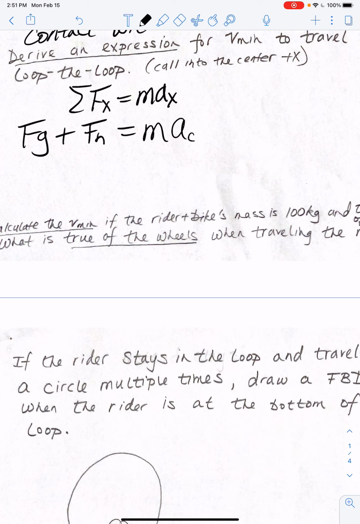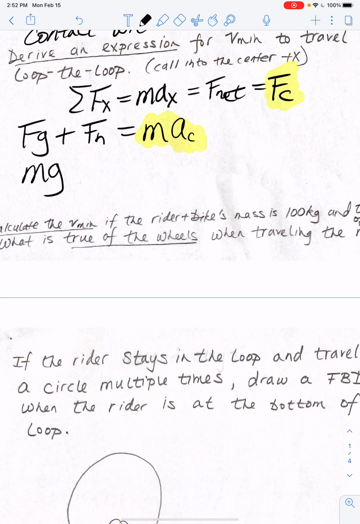Because we said that the net force is, right, this is F net, and the net force is going to be Fc. So that's where force centripetal shows up. And therefore Fc is the same as m times a sub c, right? And okay, so a sub c, though, we know is v squared over r.